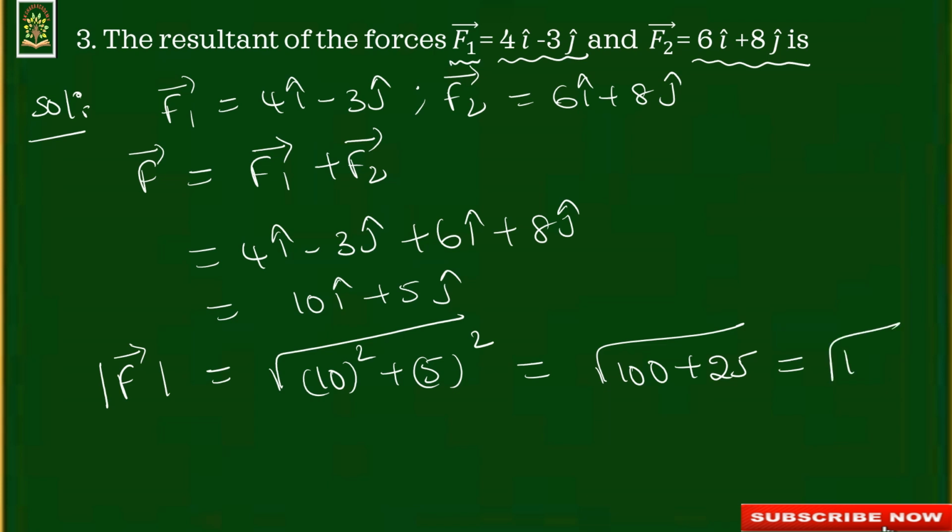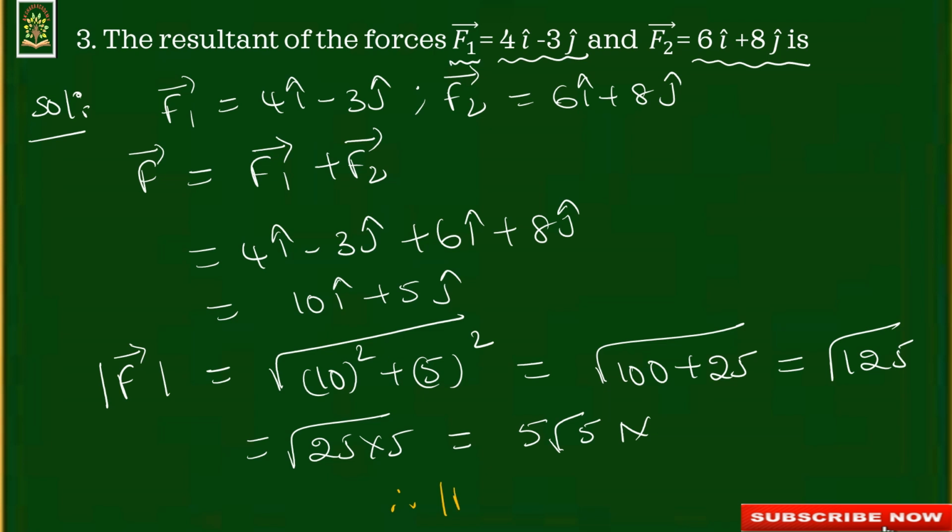So that is equal to 125. 125 can be written as 25 into 5. Root 25 is 5, so 5 root 5 newtons. Therefore the resultant of these forces, that is modulus of F bar, is equal to 5 root 5 newtons.